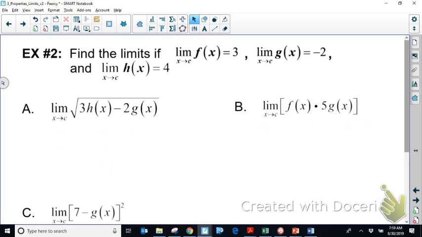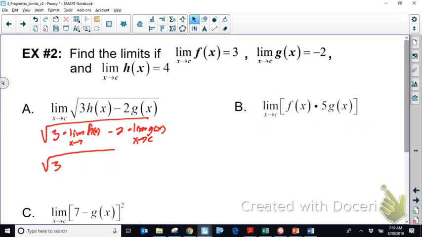The way that we would expand this is the square root of 3 multiplied by the limit of h of x, not f of x, as x approaches c, minus 2 multiplied by the limit of g of x as x approaches c, and then when we're done, we're going to take the square root of what we have.